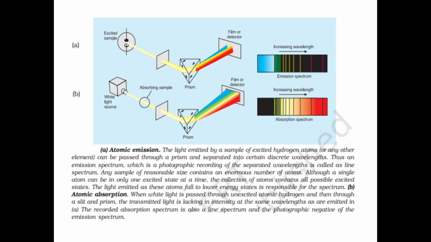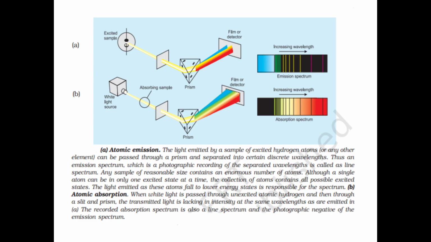Now come to atomic emission and atomic absorption. The first one, A, is an excited sample passing through a prism, and the prism divides the light into a spectrum, which is called an emission spectrum.